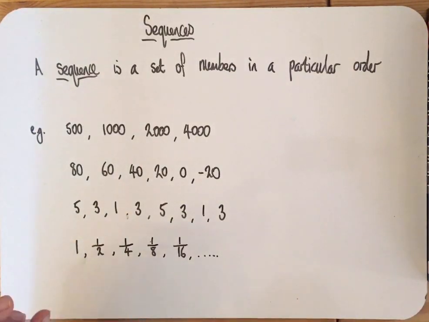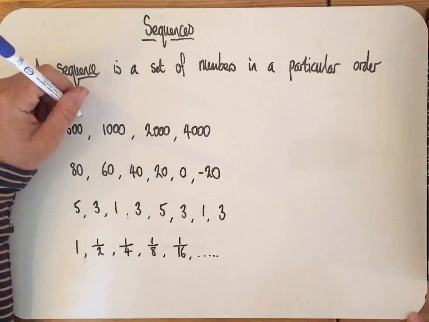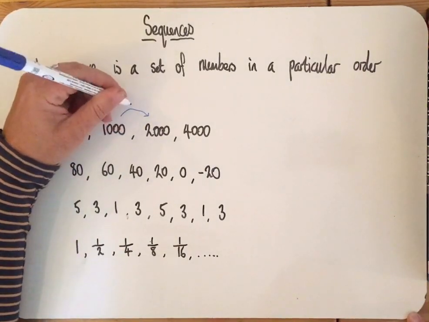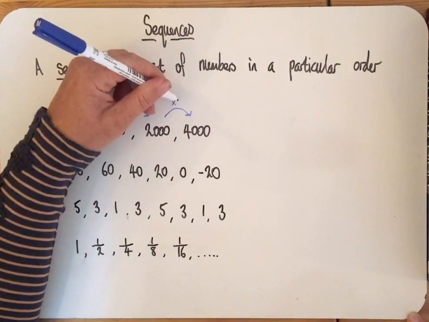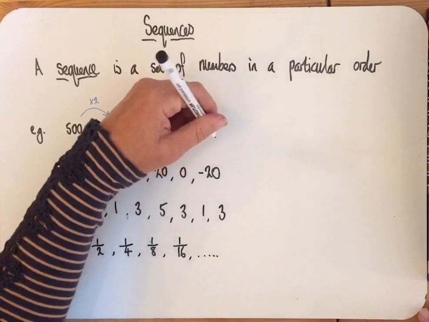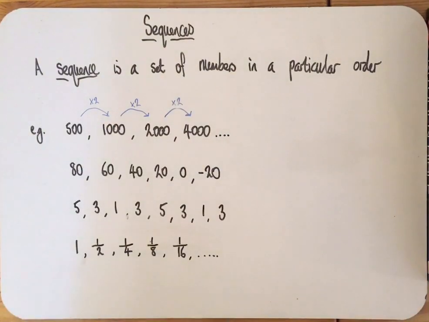Just a little bit of terminology. I think you've met this before, but just to double check. So this sequence here, we're timesing by 2 to get to the next term. And if that sequence was to continue, so that's an infinite sequence, I can put some dots on just to make that infinite.